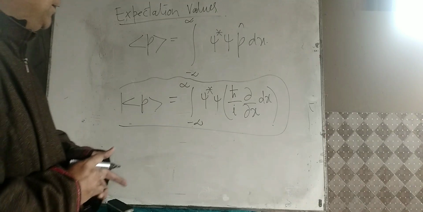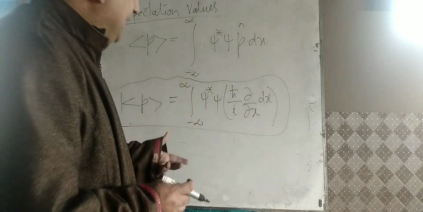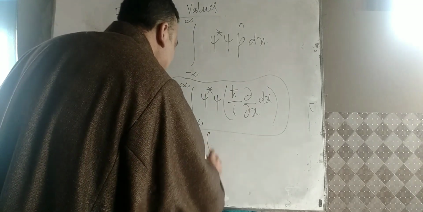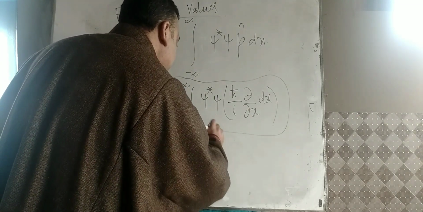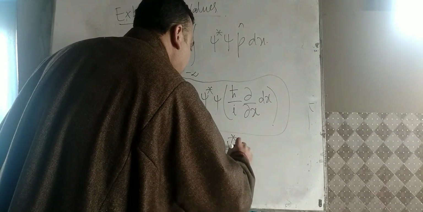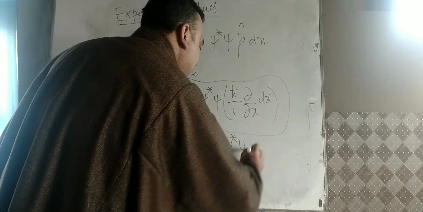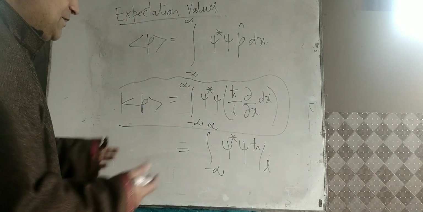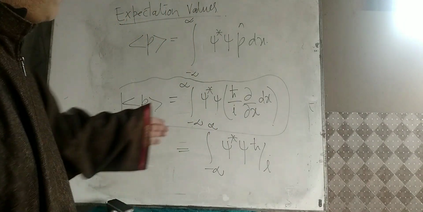You see this equation? You will get something that is not in itself something right. Minus infinity to infinity, psi star, psi, h bar by i. So this is meaningless. It doesn't have any meaning.